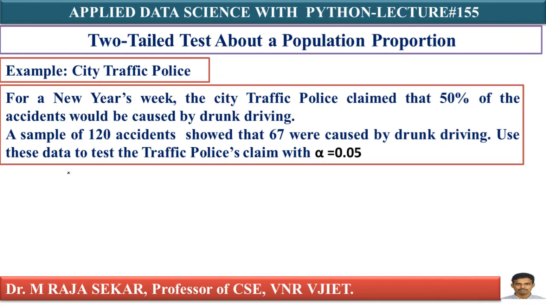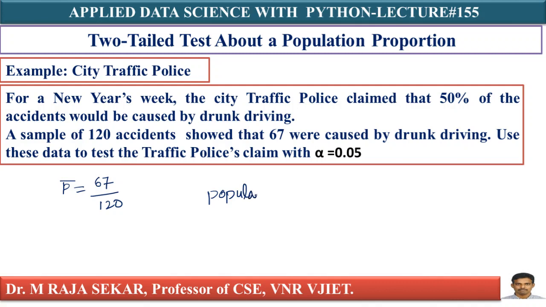Here what's happening? What is my p bar value? P bar is the sample proportion. What is my sample proportion? 67 out of 120. This is my p bar. What is my population proportion?